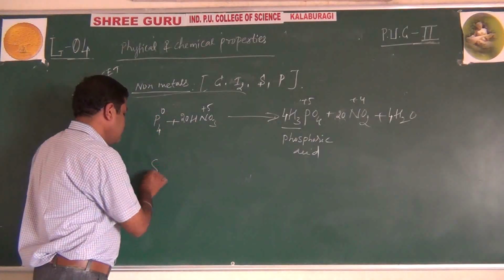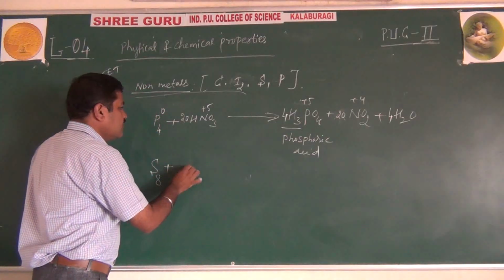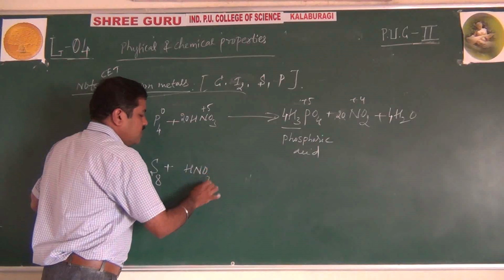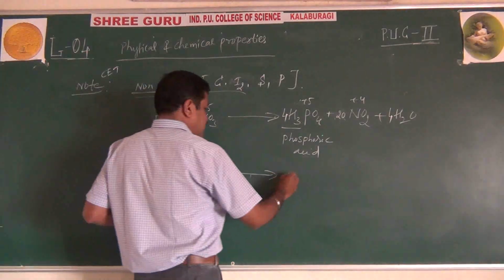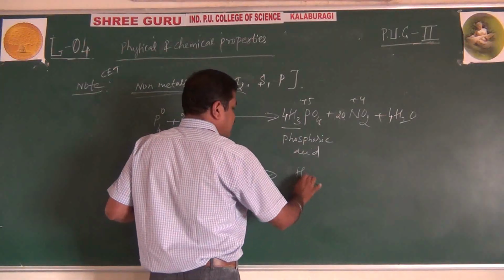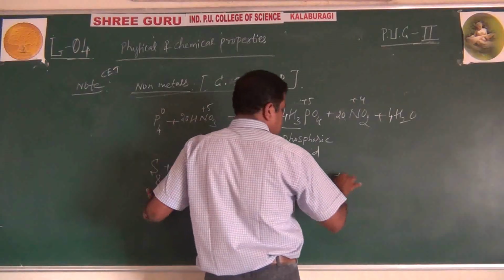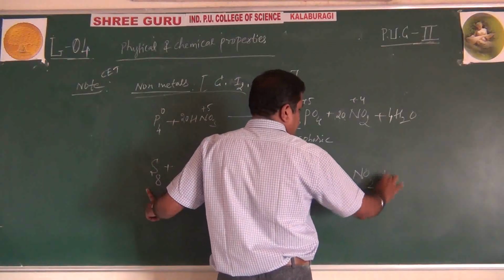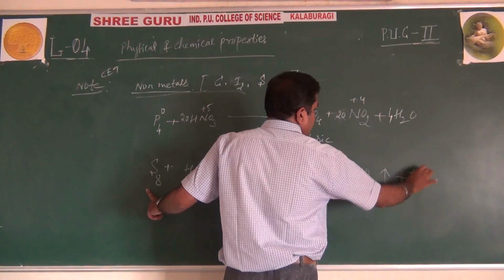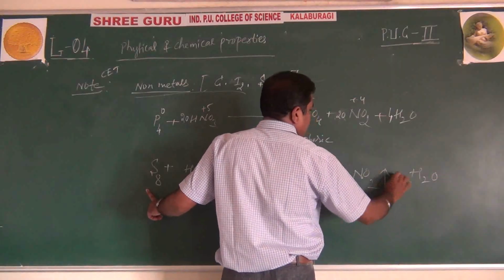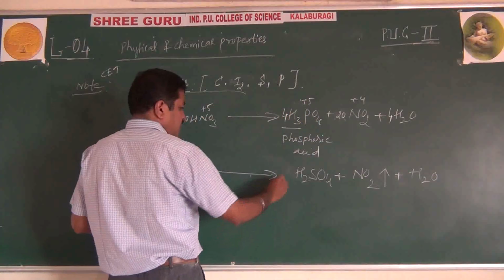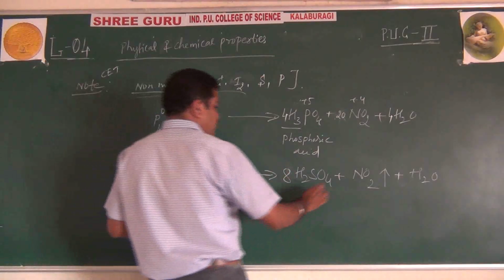And lastly, sulfur in the S8 elemental state. Okay. The same here also. Sulfur is oxidized to sulfuric acid, H2SO4, plus NO2 plus H2O, that is water. Here also same thing, 8H2SO4, okay.